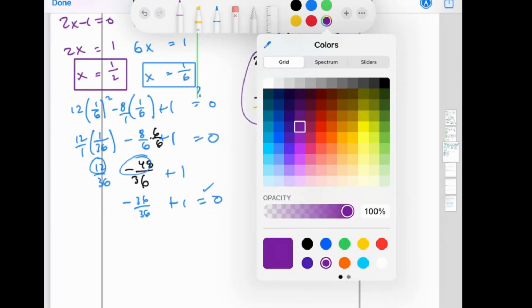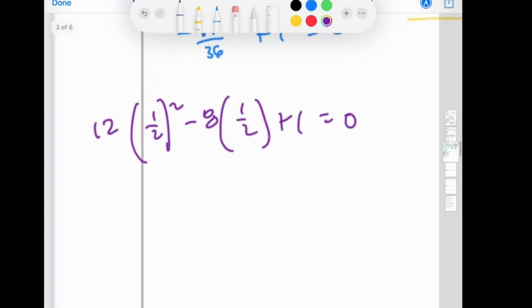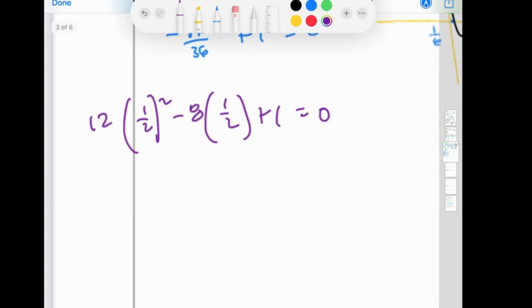Alright, let's do this one right here. 12 times 1/2 squared minus 8 times 1/2 plus 1 equals 0. 12 times 1/2 squared. 1/2 squared is 1/2 times 1/2.